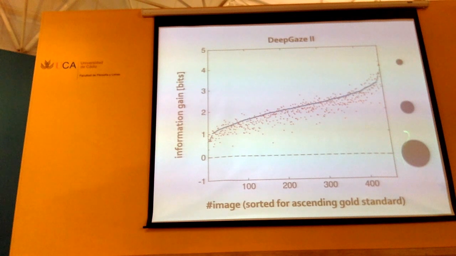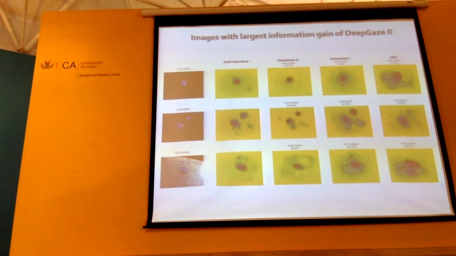Okay, and here for illustration is what these bits mean in terms of how much the scatter shrinks. And now we will look into those images here, for which the gold standard has the highest information gain. As you can see, these are very special images where things are rather predictable.